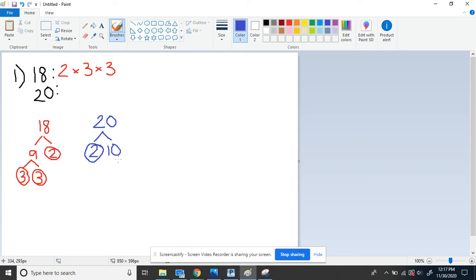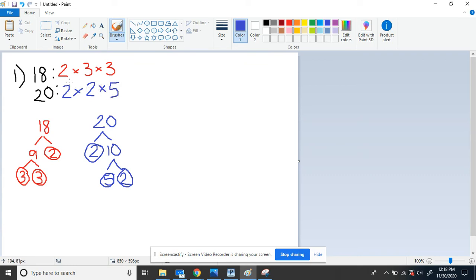So 2 is prime, 10 is not. Go to 5 and 2. Those are both prime. So again, I'm going to put them from least to greatest order. So 2 times 2 times 5.